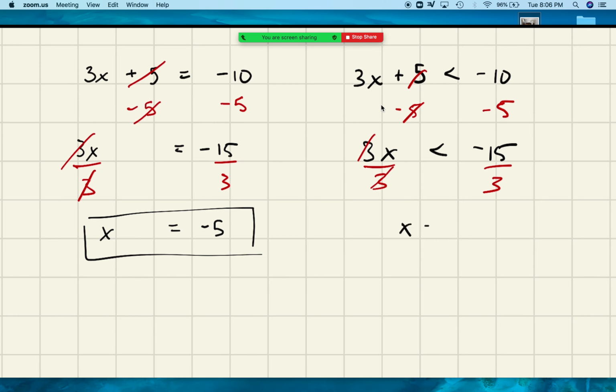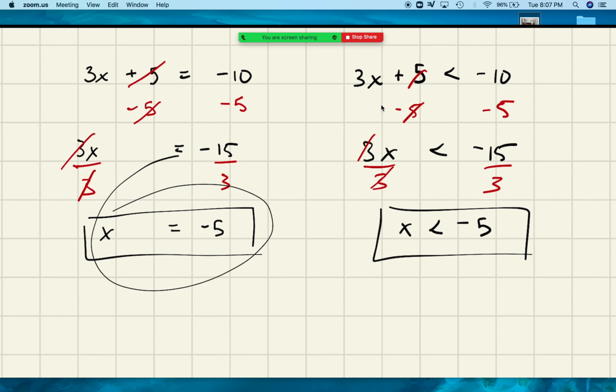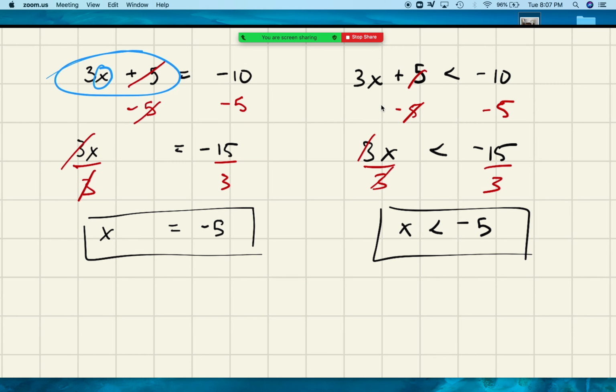We'd have x, not equals, less than negative 5. That would be the answer here. So here, if you were to go back to the original equation and plug in negative 5, after evaluating, this side should end up being negative 10 because that's what it says it should be.